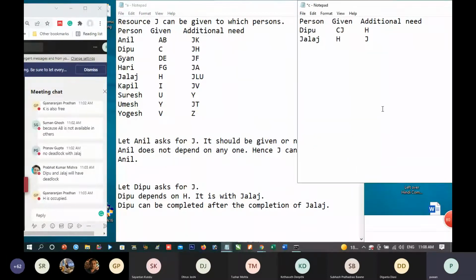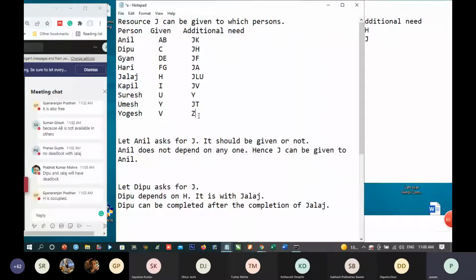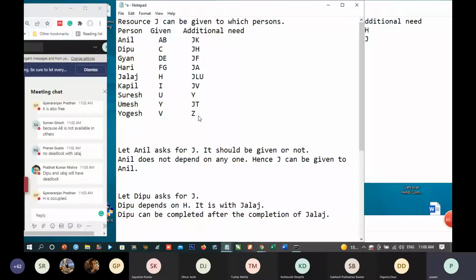So Gyan has written a wrong answer. Suppose there is Ravi who has been given K and it needs S. There is no problem.